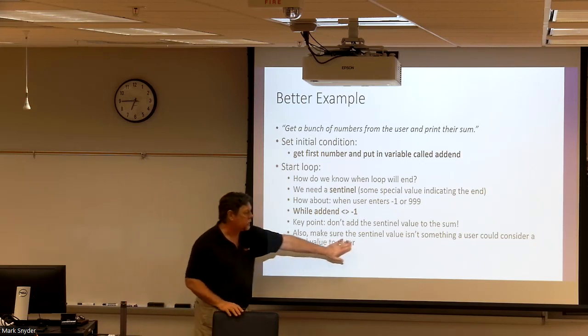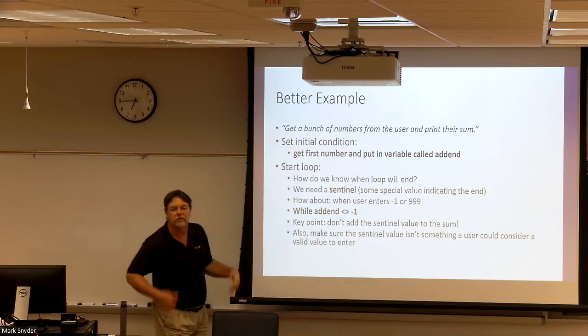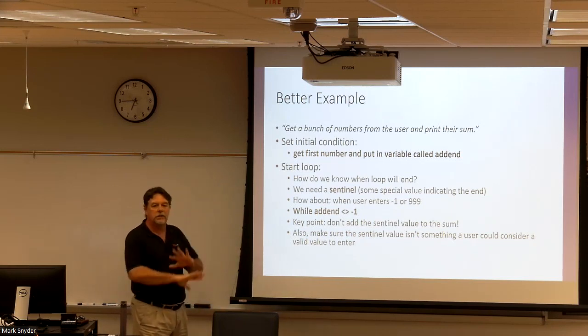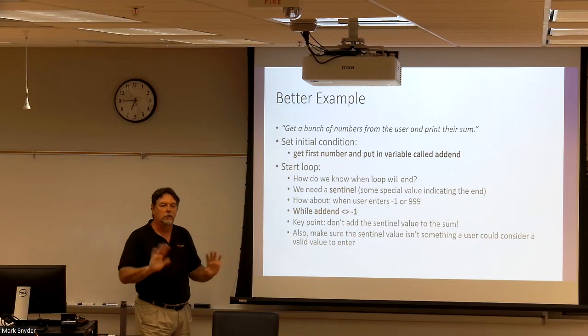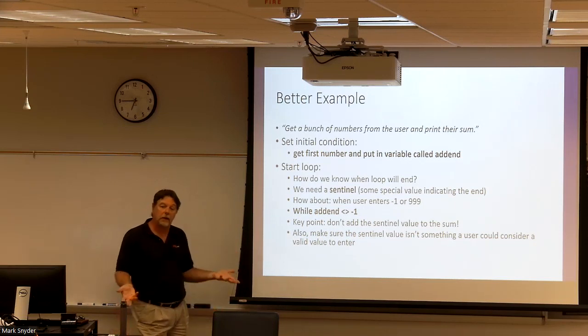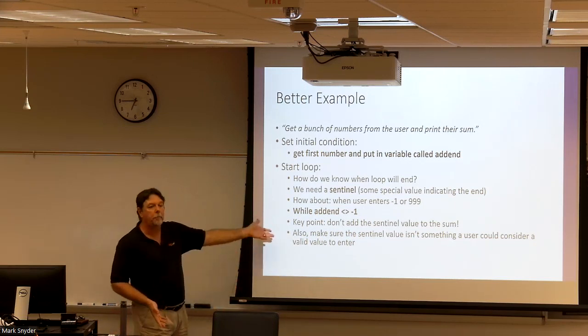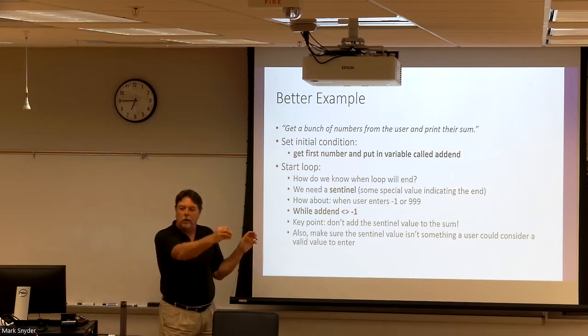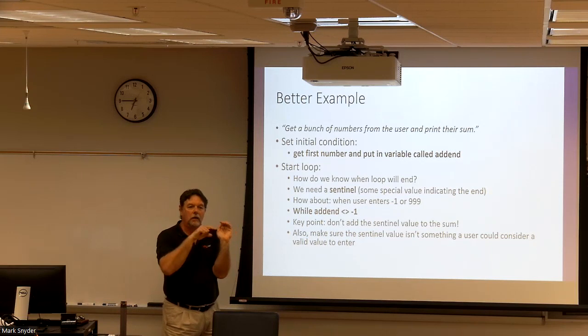Yeah, and I already mentioned that. Pick something for your sentinel value that, by definition, you're just telling everybody up front, hey, don't enter that number. Typically in our prompt message, we would say, please enter a number, and then in parentheses, -1 to finish, or -1 when you're done.